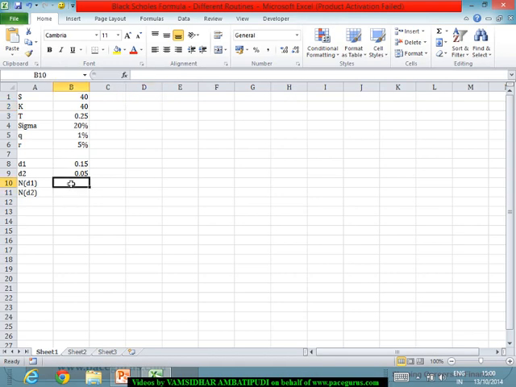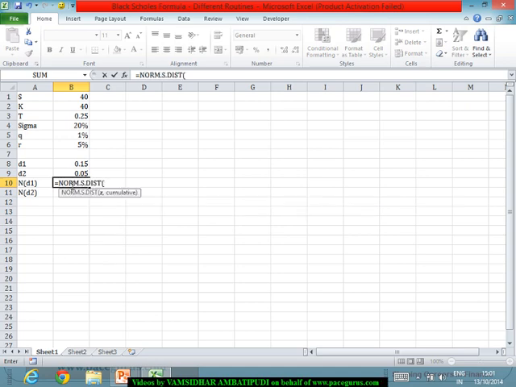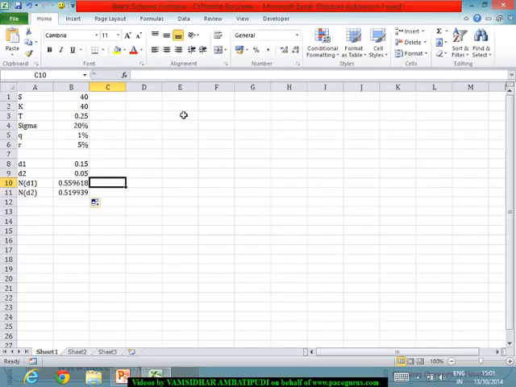But directly if I am using the spreadsheet formula, I'll use NORM.DIST, where I give this as a value with cumulative, saying that I should get a value 0.55 here, and for ND2 I should get 0.51. But yes, let's try out using the numerical methods that are available with us. Try finding out what is the value of ND1 and ND2 that I have got.